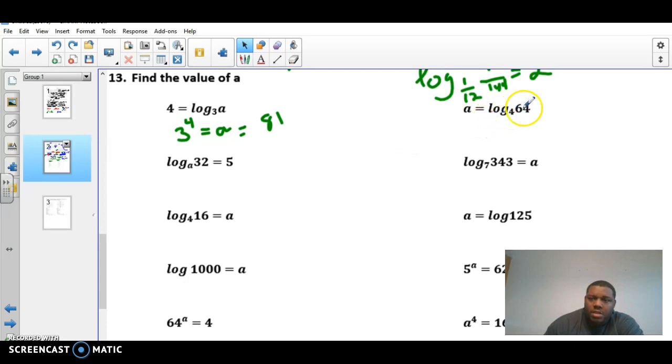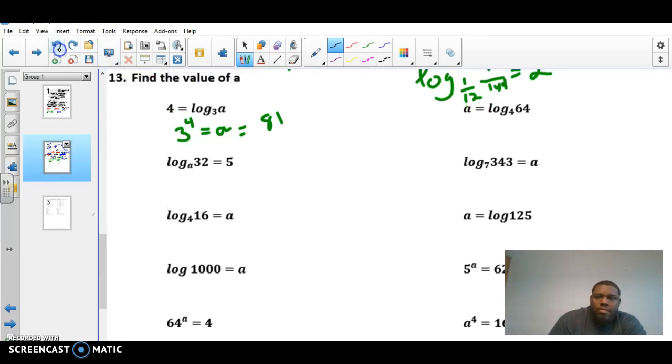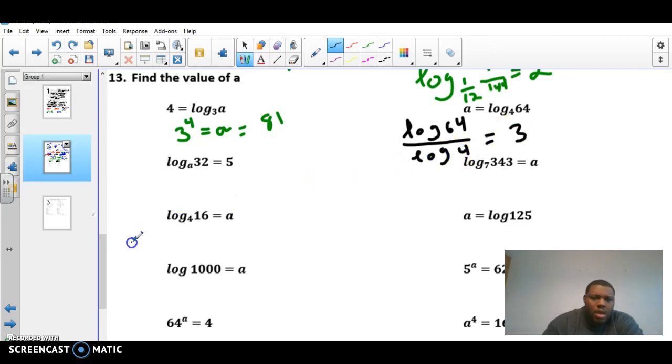I have my base and my argument, so we did log of my argument divided by log of my base, and it gave me 3.